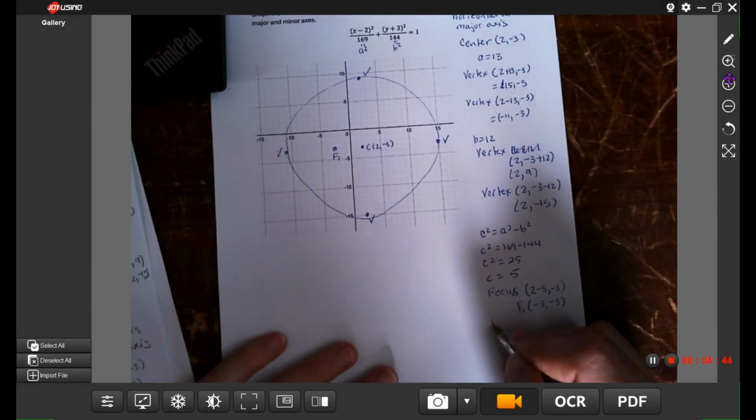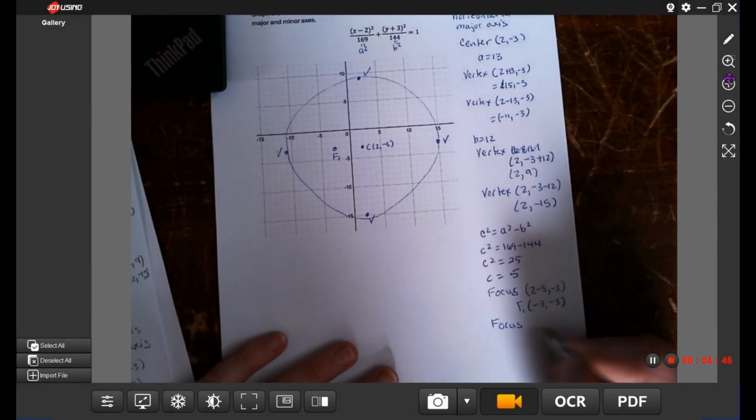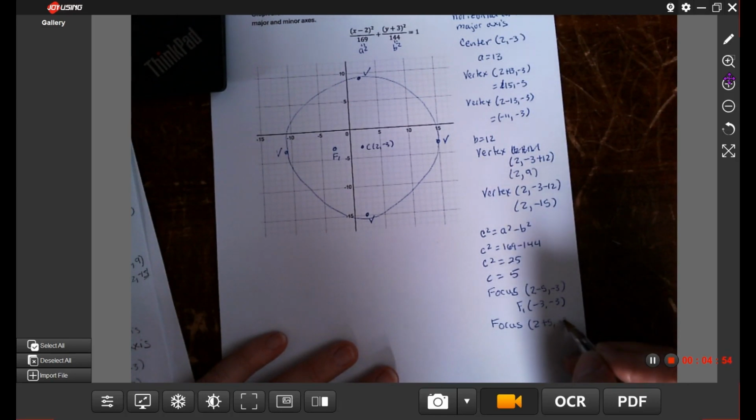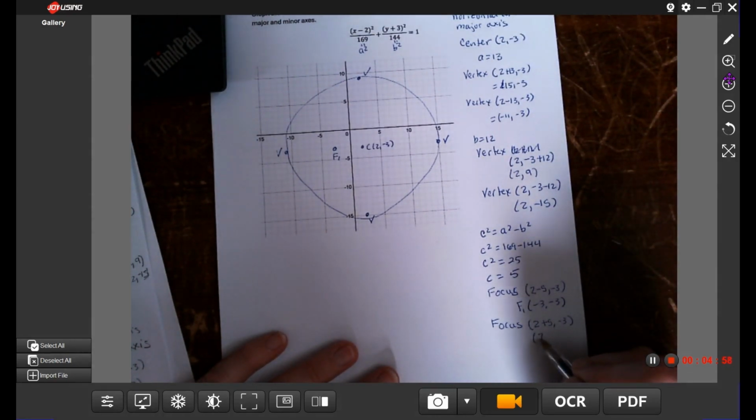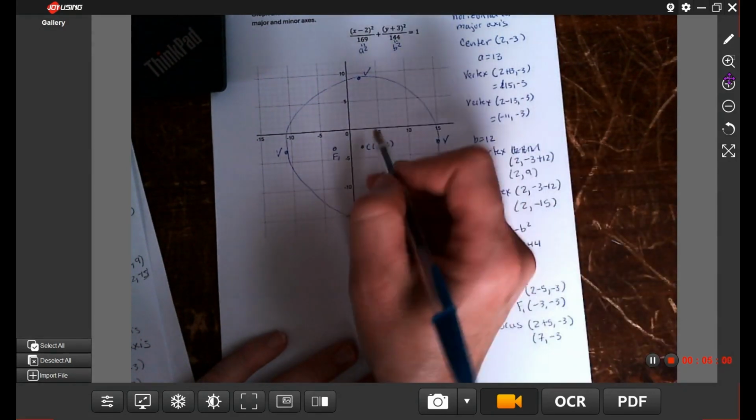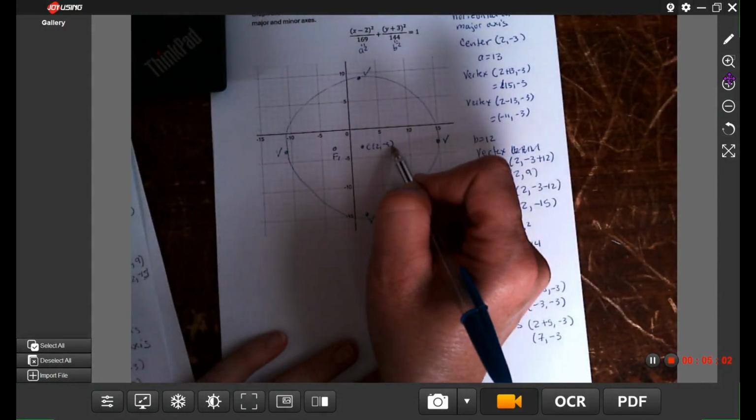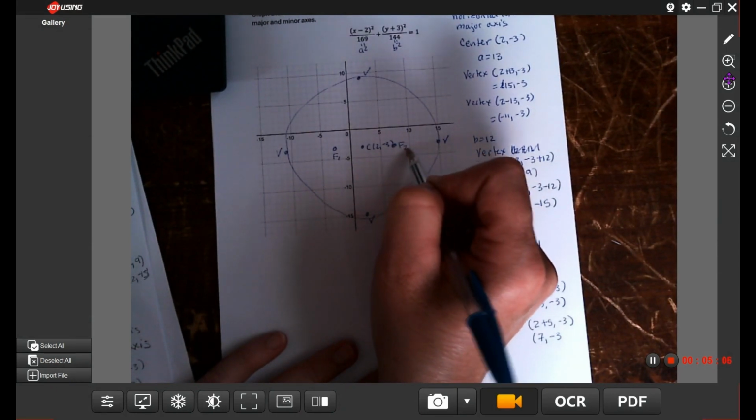And then there's going to be another one at the horizontal coordinate of the center, and we're going to move right 5 and keep the y coordinate the same. So that would be (7, -3). So (7, -3). So that's F2.